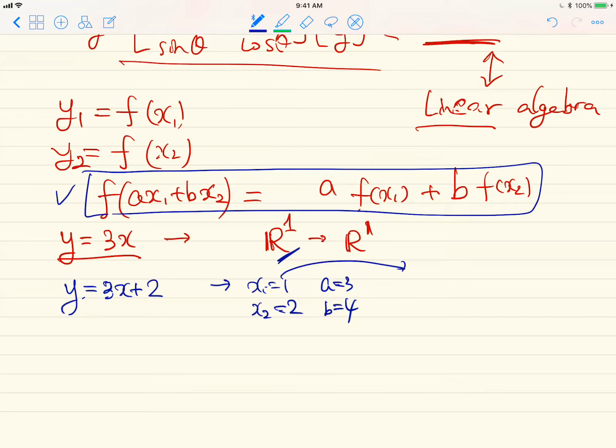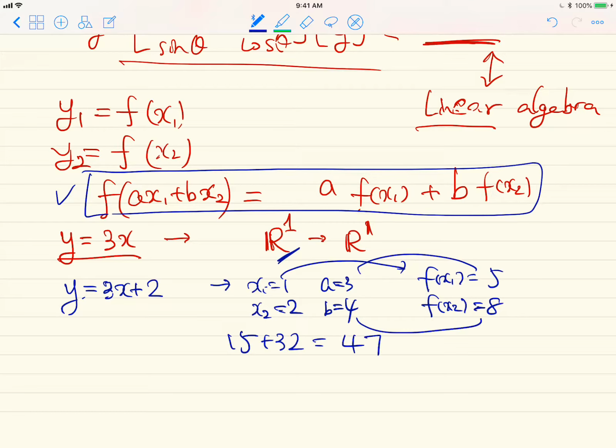Then the function output is 5, and the function output is this, right? Computing their linear combination, this is the result when doing the linear combination first of these two inputs, and then computing the mapping, right? But let's think.